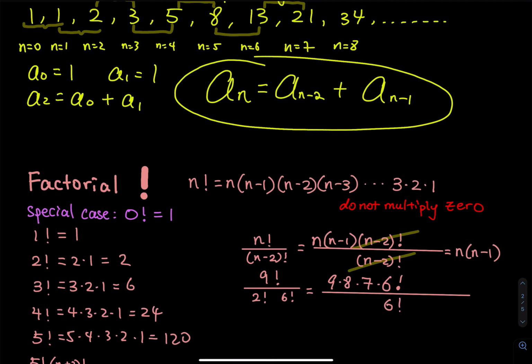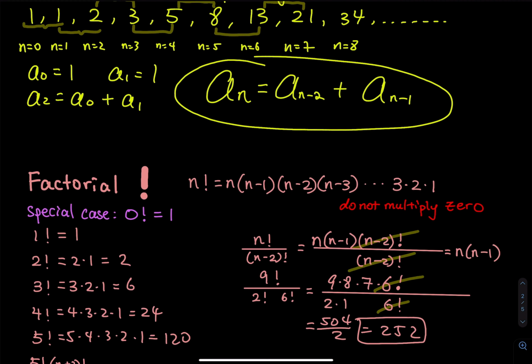And then regarding the 2 factorial, that is just 2 times 1. As a result, we can get rid of the 6 factorial. So what is that equal to? That is 9 times 8 times 7, that is 504 divided by 2, which is equal to 252.